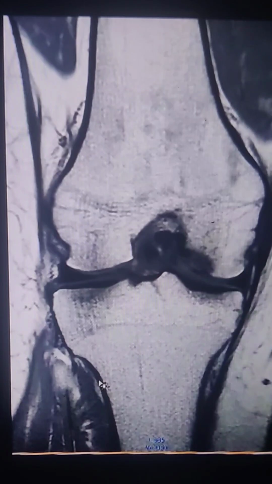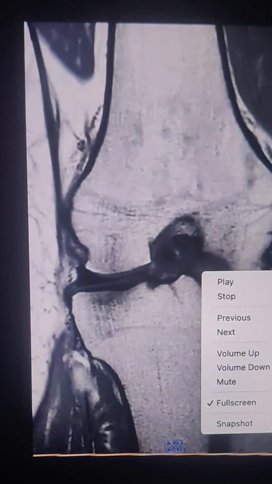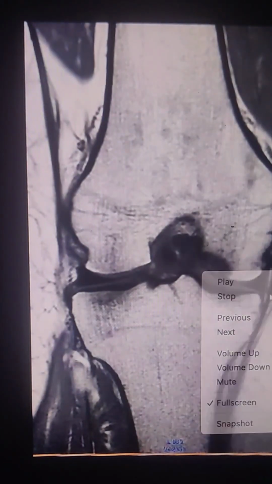On MRI sequences, this is the T1 sequence. Here the joint fluid, the synovial fluid, is black. Here we can see there is this osteochondral defect, however the articular cartilage is intact, and we see the marrow edema surrounding the defect.